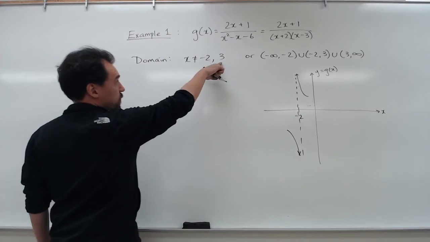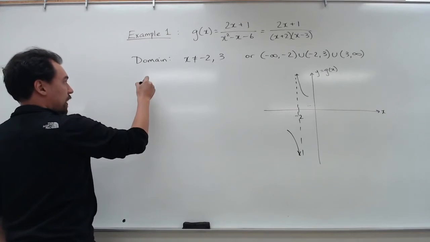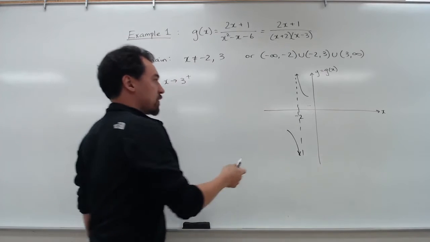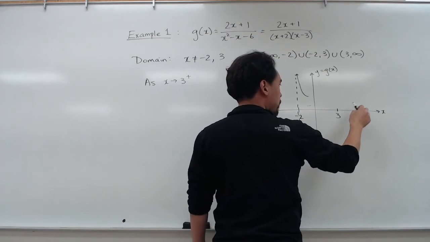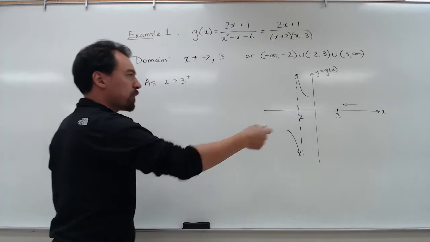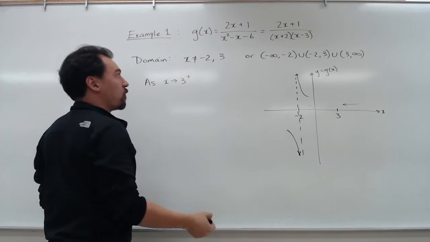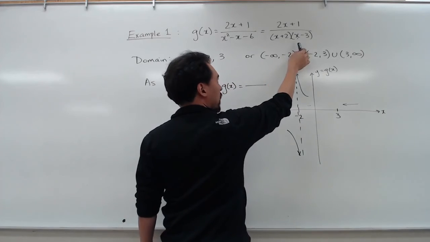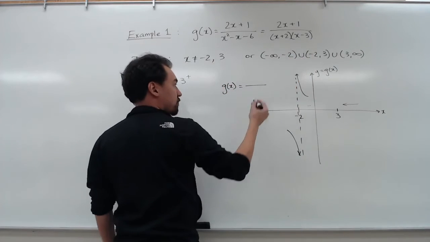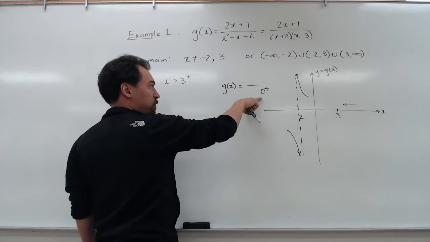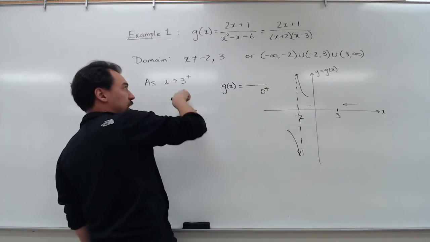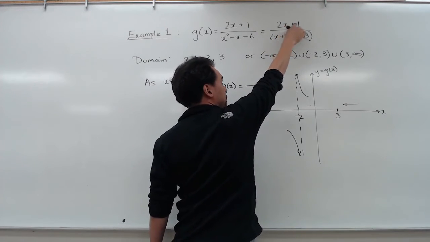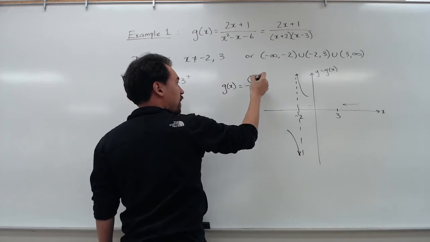Now let's look at what happens when x gets closer to this other number it's not allowed to be. So let's say as x approaches 3 from the positive side. So there's a number 3. I'm approaching that from the positive side, a little bit bigger than 3. Think 3.001. So if I look at g of x, I say on the bottom, a little bit bigger than 3 minus 3 is a little bit positive. So I'm putting close to 0, but a positive number. And then if I put in close to 3 for everything else, double of close to 3 is close to 6, plus 1 is close to 7, a positive number.